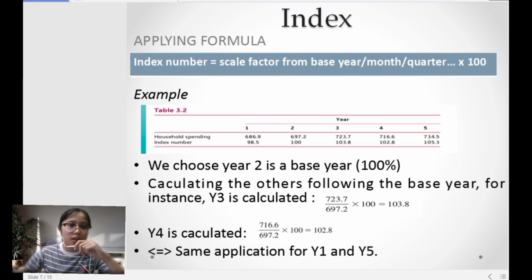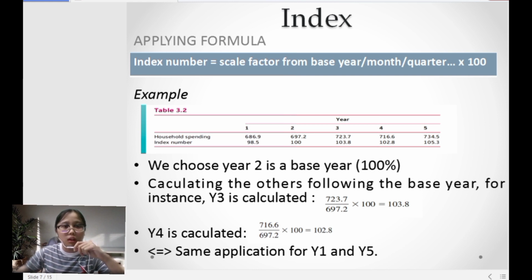For instance, year 3 is calculated by the raw number of year 3, 723.7, divided by 697.2, which is the base year raw number of year 2, and then multiplied by 100, and we have the solution: 103.8. The same way we can calculate year 4, year 1, and year 5.